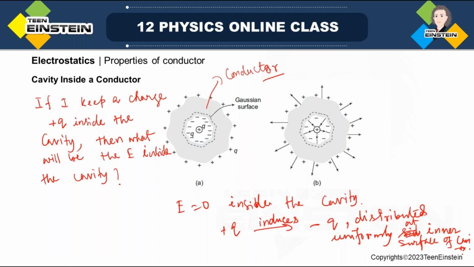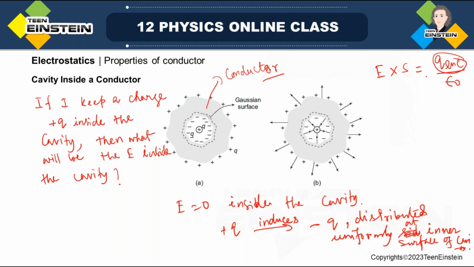All right, so if this is the case, when we take a Gaussian surface just outside the cavity, this is the Gaussian surface. Now if we apply Gauss's law, E into S, where S is the area of the Gaussian surface, equals Q enclosed by epsilon 0, right?